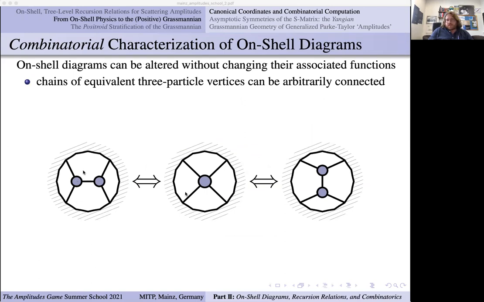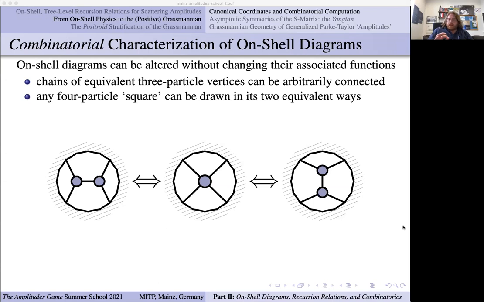You can see that this just tells you that those four legs all have the same lambdas or proportional to the same lambda tildes. And you could thereby define a blue 4-particle vertex if you really wanted to, and make the graph bipartite, having two colors, having no same colored connections inside the graph. But the point is that you can rearrange the tree, and this will never change the function on the outside. So this is called the merge relation.